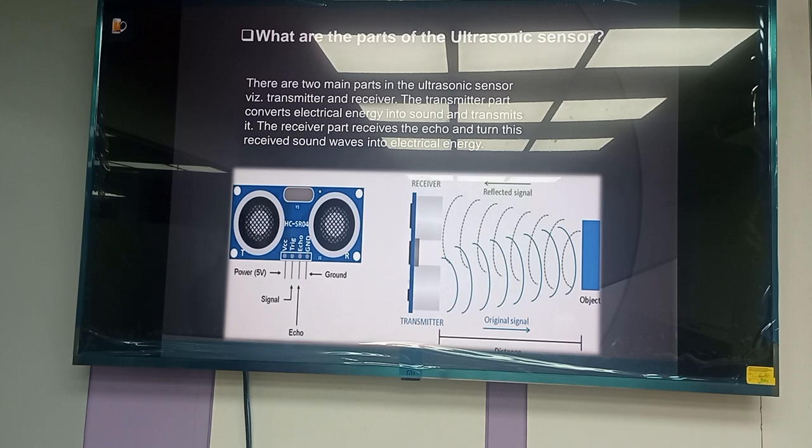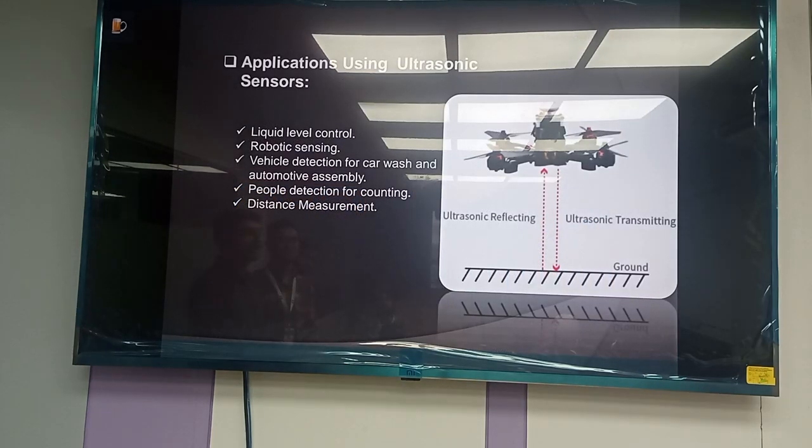There are two main parts of an ultrasonic sensor, one transmitter and one receiver. The transmitter converts electric energy to sound energy and transmits the signal, and the wave is detected and reflected back to the receiver. Applications of the ultrasonic sensor include liquid level control, robotic sensing, vehicle detection for car wash and automotive assembly, people detection and counting, and distance measuring.